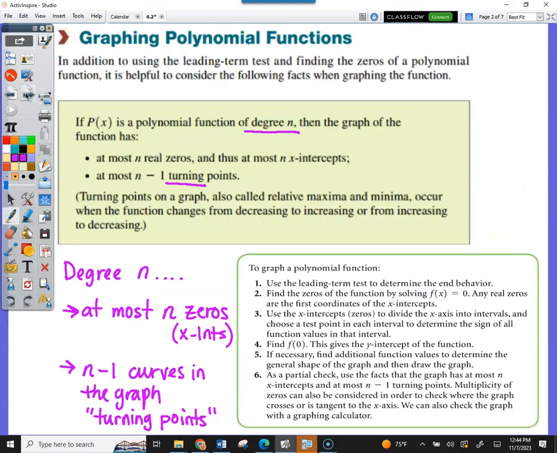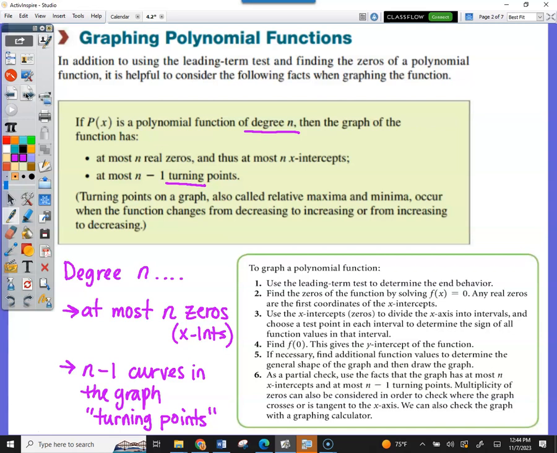This slide is summarizing what we talked about yesterday: if you have a degree n polynomial, that means there are at most n zeros, which is another word for solutions, which is another word for x-intercepts. That's how many times it's going to cross the x-axis.